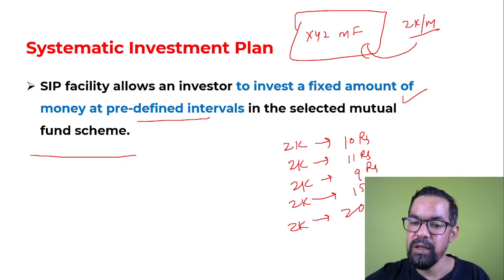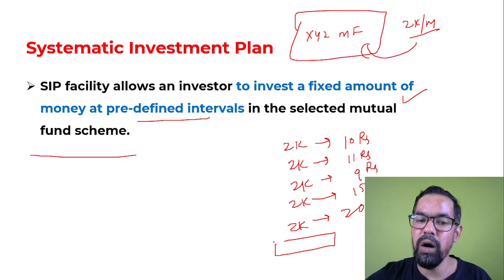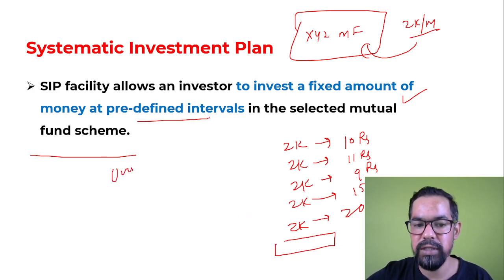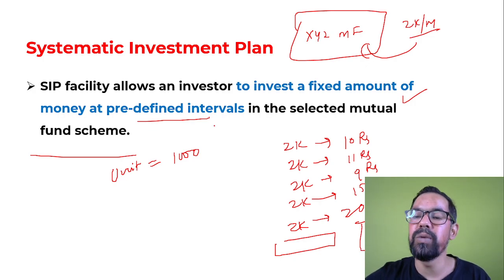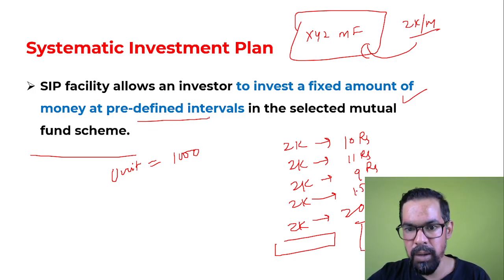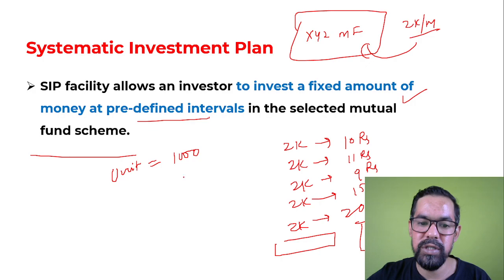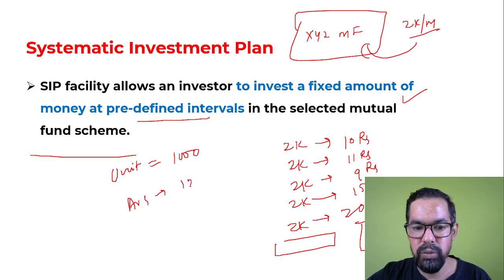So now, suppose the total number of units you own is 100, or 1,000, and suppose your average buying price in this particular case is 12 rupees.